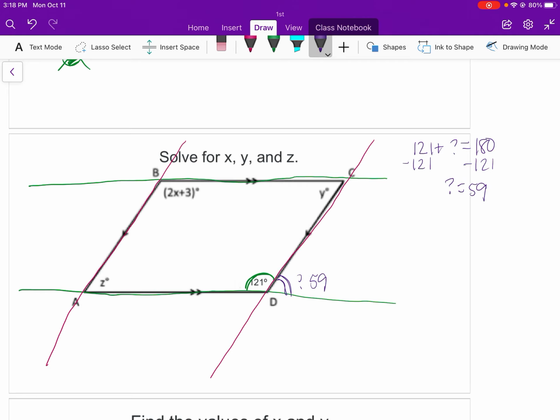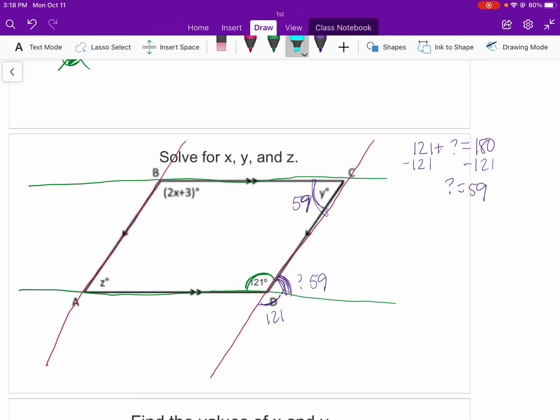So now I'm going to go in and mark up every angle here that I see. So I notice 59, so this angle right here, and Y are alternate interior. So Y is also 59.